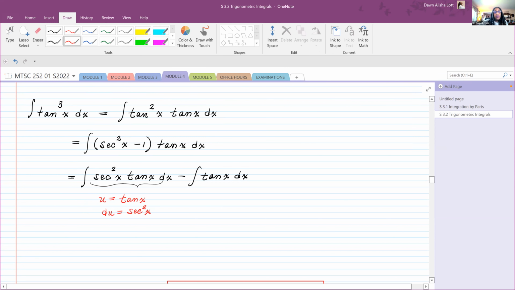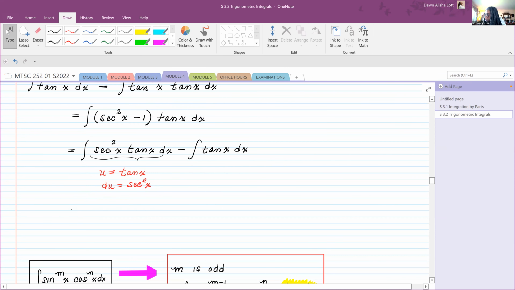So when we integrate it, this is 1/2 the tangent squared of x minus, and we already know what this is going to be, the log of the absolute value of the secant of x plus the constant. And we're done.